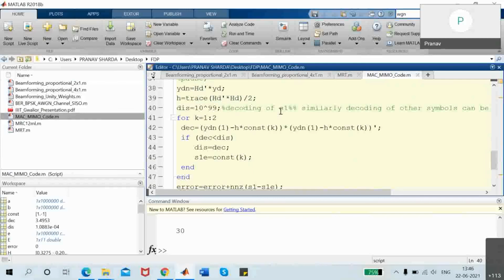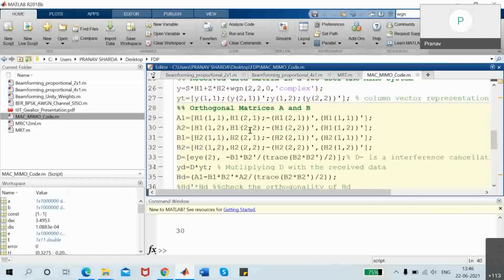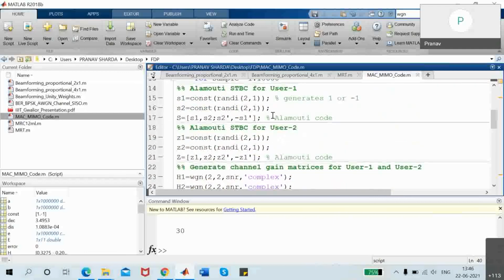Now what we will do, we will decode symbols one by one, right? We have two STBCs, one for user 1 and the other for user 2. So we have one STBC, this Z matrix for user 2, and the other is the S matrix corresponding to user 1, right? So we will decode them.